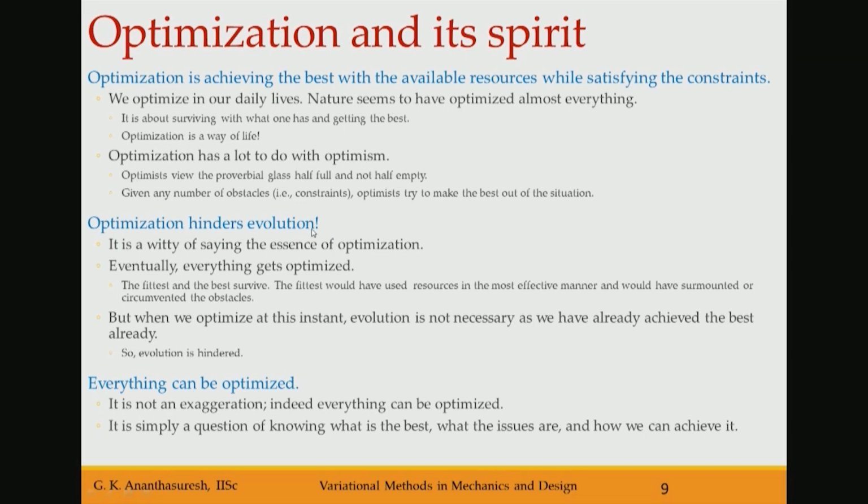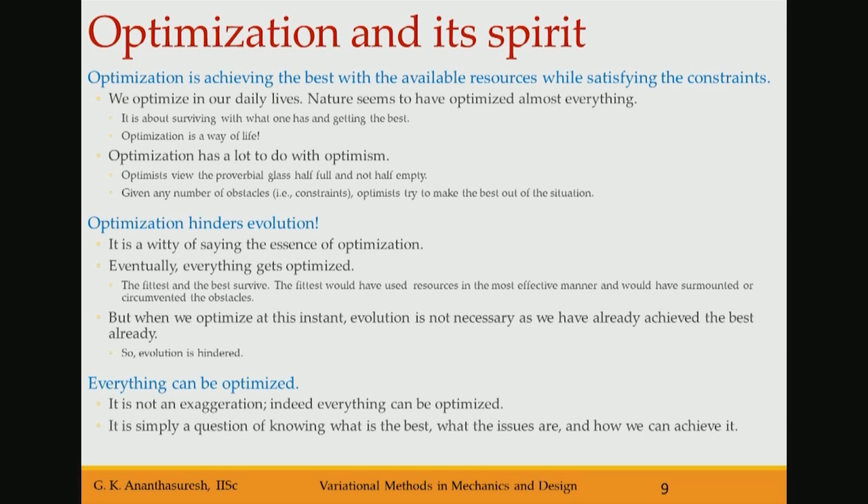When you take some situation or an object, you keep on improving it and improving it, eventually it will evolve to the best, that is the optimum. But if you do an optimization problem right at the beginning, you will bypass this entire evolution. So, optimization hinders evolution. You can say nature has the best solutions, but it has the best solutions because all the ones that are not good have been eliminated, what we call survival of the fittest.